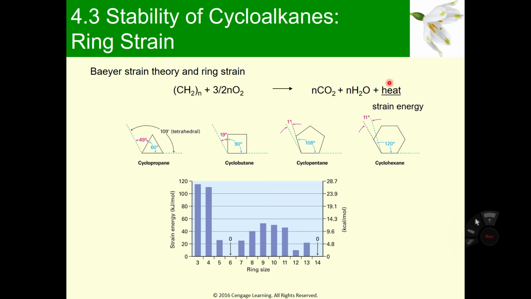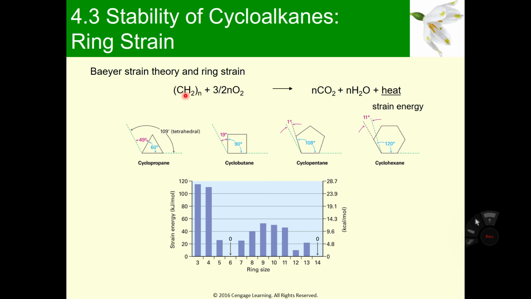And the heat generated here is a kind of energy, and that means cyclic compounds contain some kind of energy, right? That means the energy level of a cyclic compound is relatively very high. So after burning with oxygen, they lose the cyclic structure and generate heat. Therefore, we can consider this heat is generated probably due to the presence of cycles.